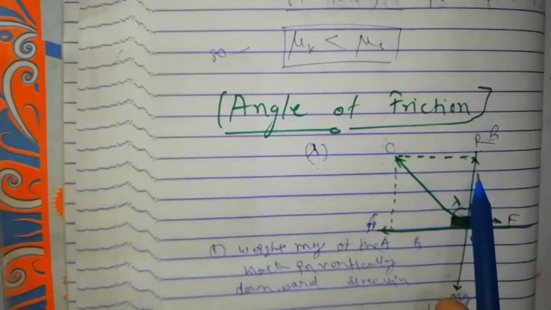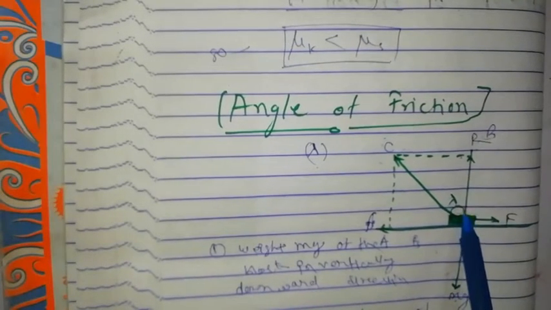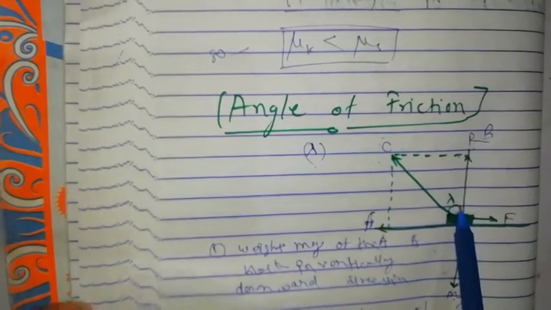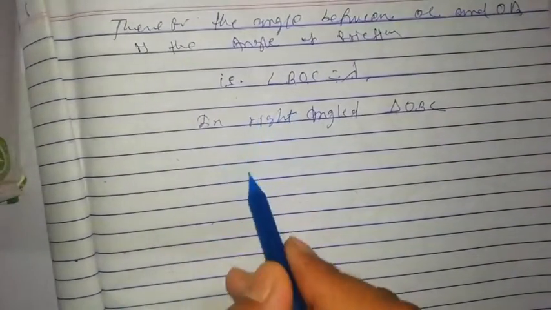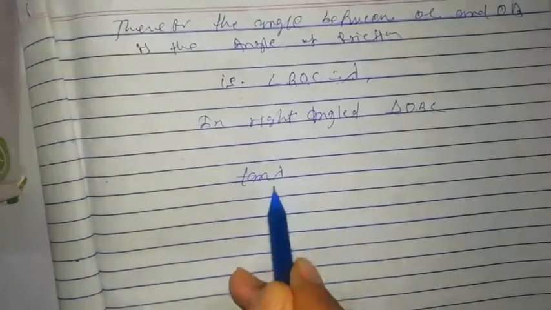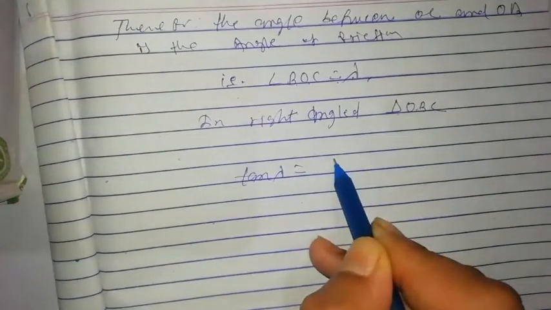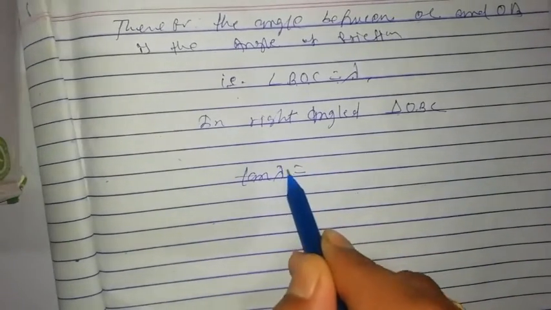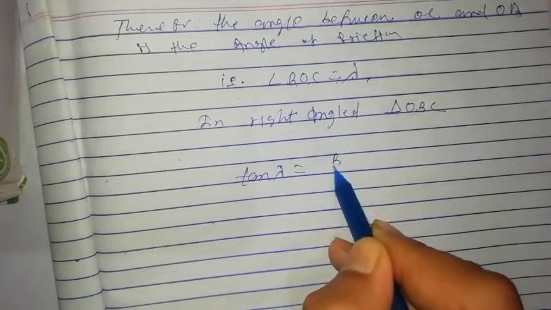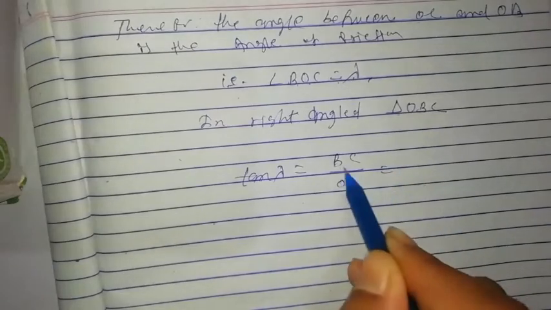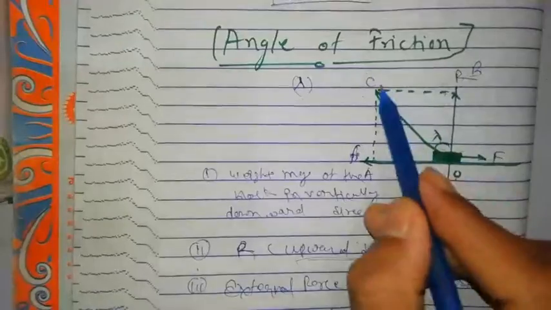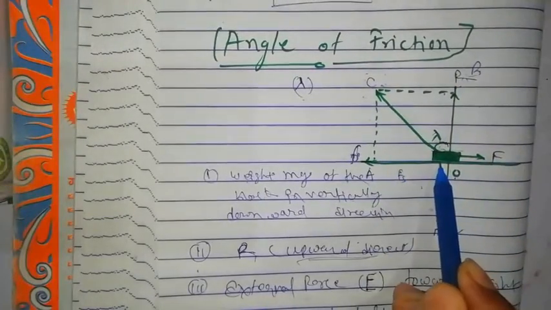Then tan lambda is equal to BC upon OB. And BC in this picture is equal to OA.